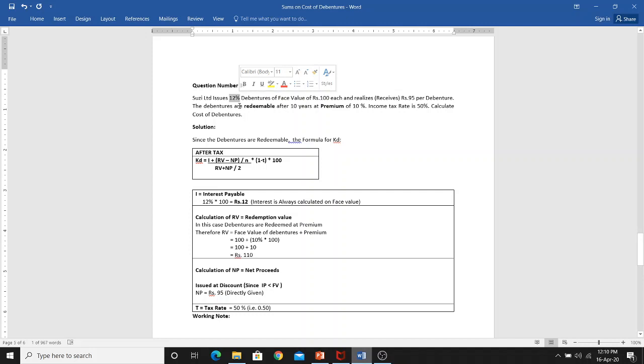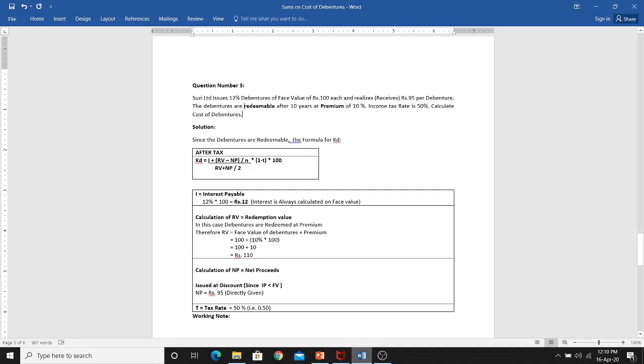So 12% is the interest rate. Face value is 100, but they are receiving 95 rupees per debenture. The debentures are redeemable after 10 years at a premium of 10%, income tax is 50%, calculate cost of debentures.